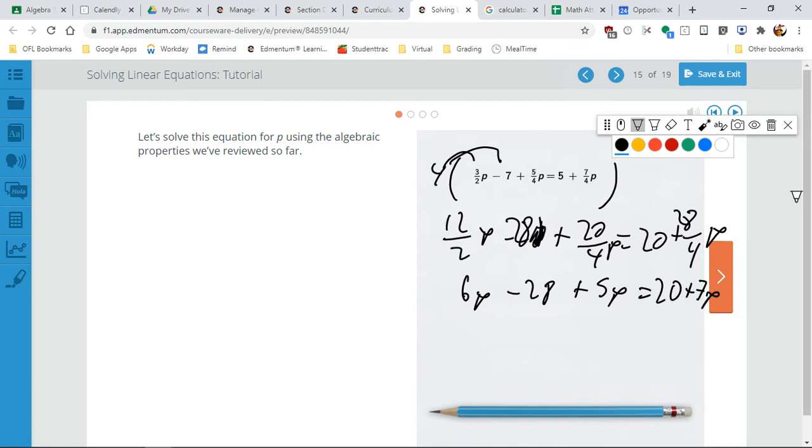So this one, it's kind of difficult to visualize, but what I'm doing is multiplying the top part and leaving the bottom the same. And finding the LCM made all the fractions go away. So that's one trick to getting rid of all the fractions: multiplying by the LCD or LCM, however you want to call it.